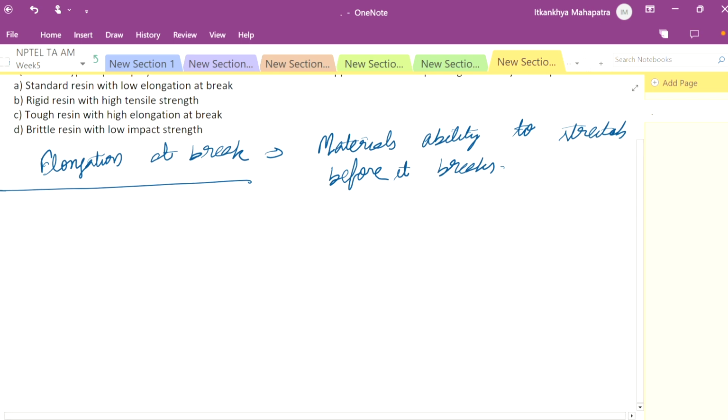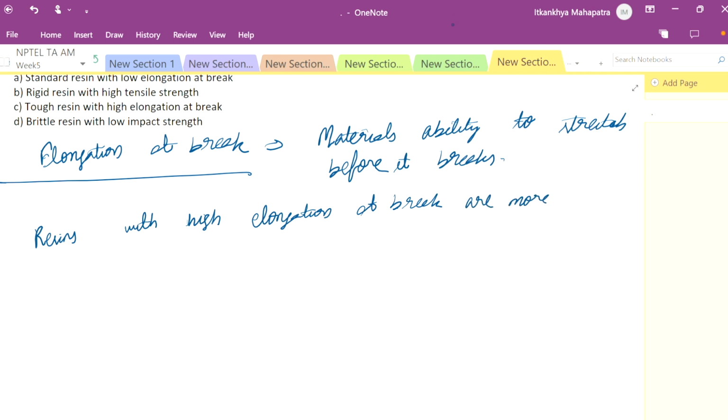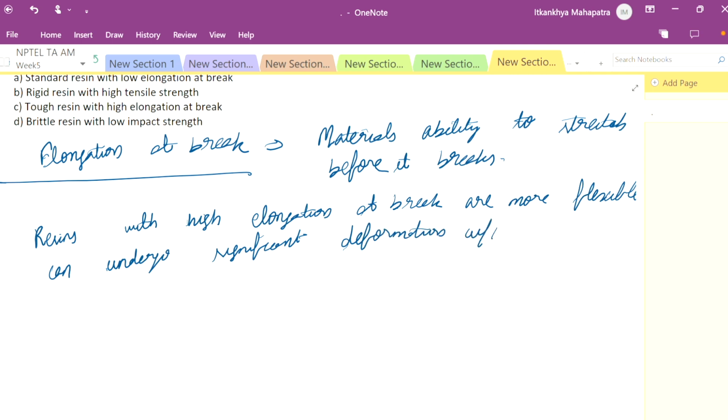Now, in applications, I'll just write: resin with high elongation at break are more flexible and can undergo significant deformation without fracturing.